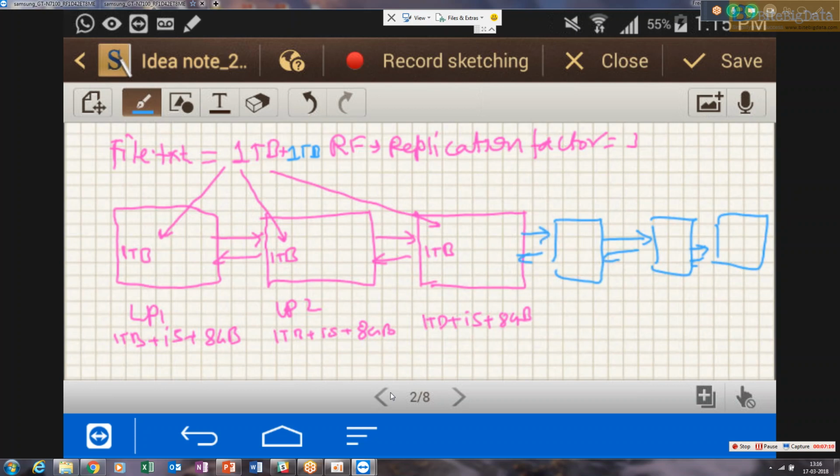So this now becomes laptop 4, laptop 5, and laptop 6, again 1 TB plus i5 plus 8 GB here, also 1 TB plus i5 plus 8 GB, and 1 TB plus i5 plus 8 GB, right? And the second 1 terabyte of data gets included, so I am going to store it over here in 3 copies.